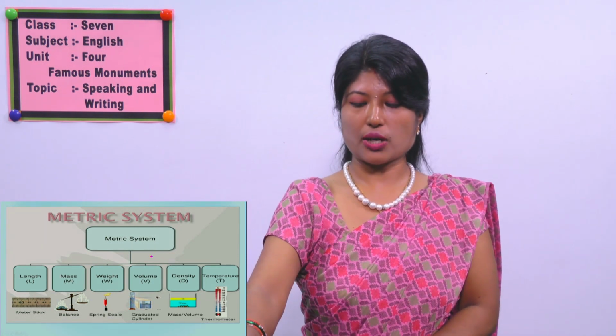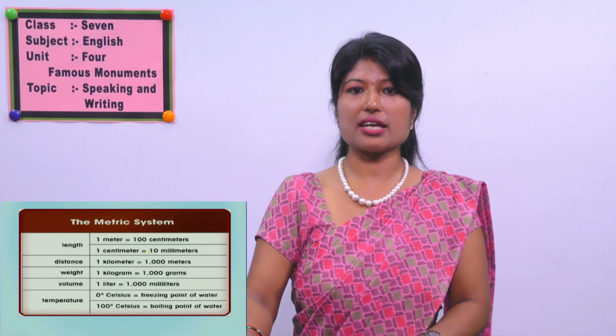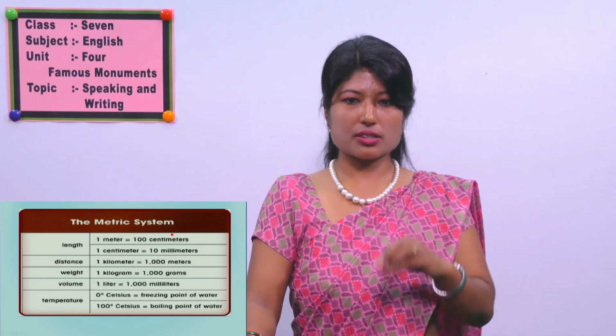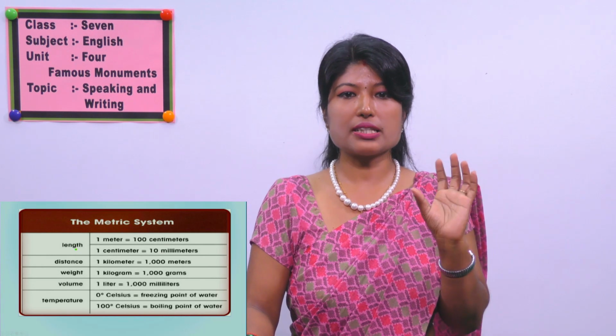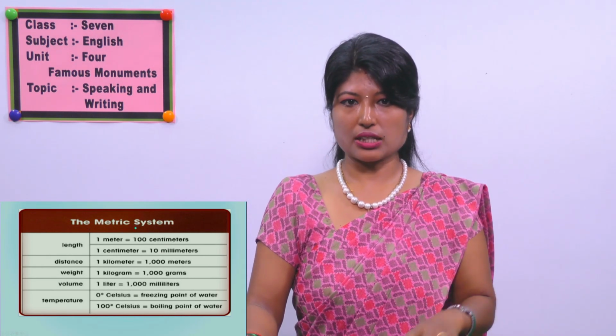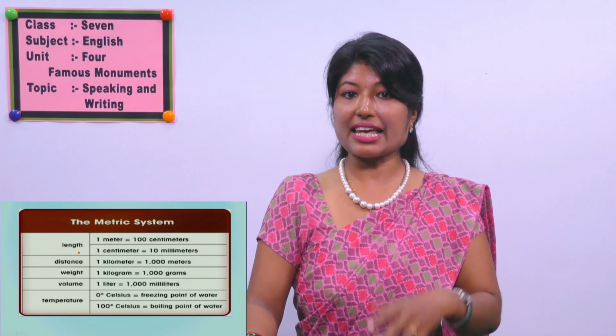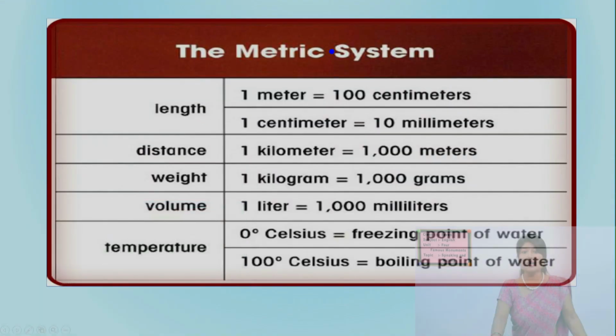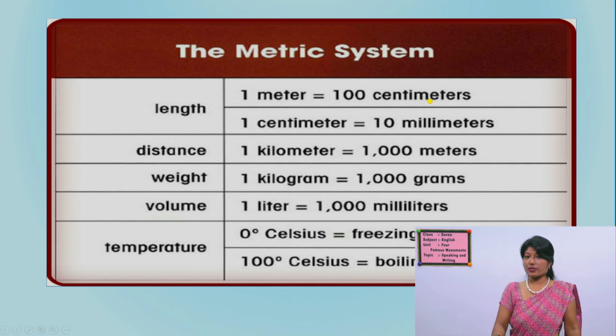Next, let's see. The metric system, basic information. While talking about length, 1 meter equals 100 centimeters, and 1 centimeter equals 10 millimeters.